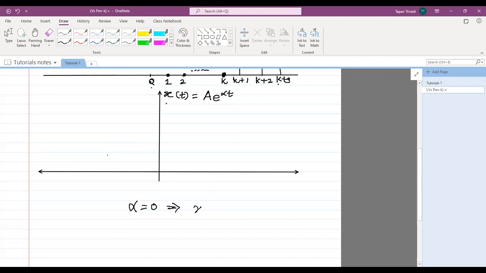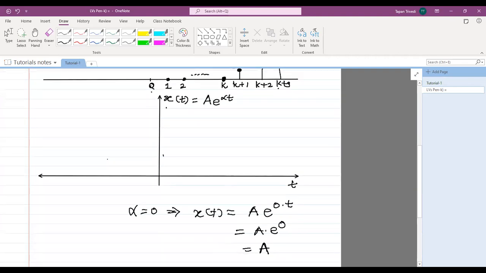So x of t is equal to a e raised to 0 into t. That is a e raised to 0, and e raised to 0 is 1. So you get a. So you constantly get a value.